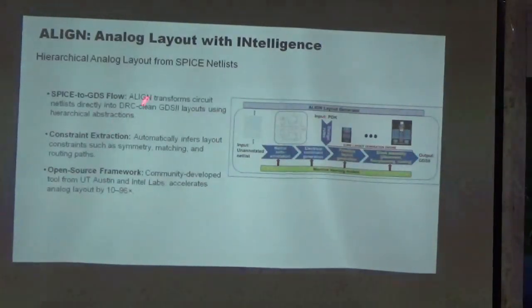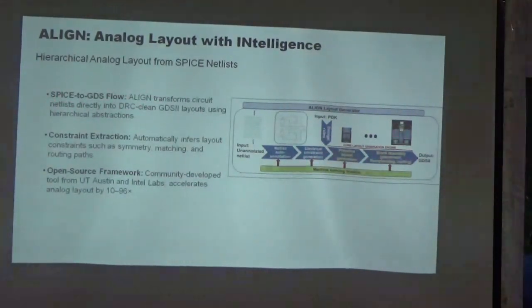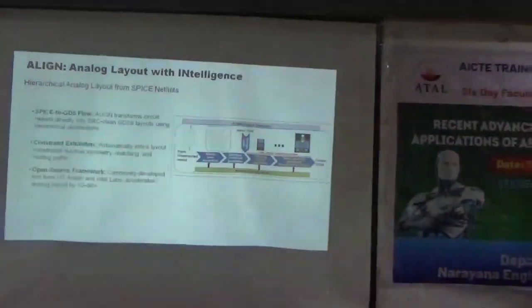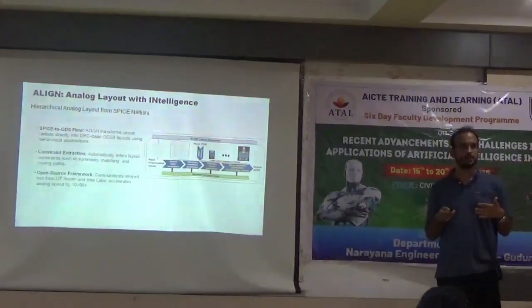And this is one of the recent works, called ALIGN, from Princeton University. They give you very direct optimization of analog design from SPICE netlist to GDS. You just need to give your SPICE netlist, and it will optimize the layout. As I talked about, there are different levels of optimization you can do.